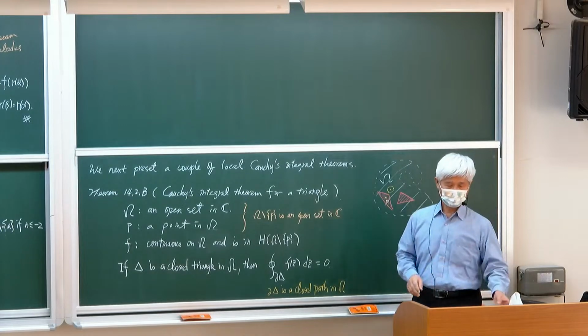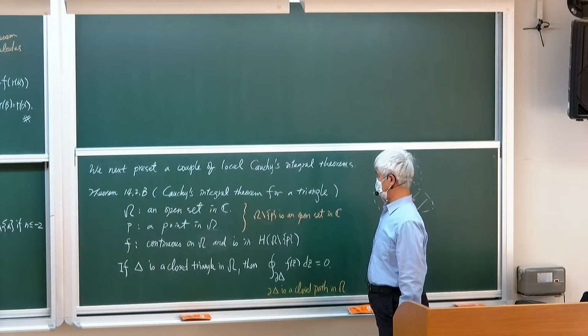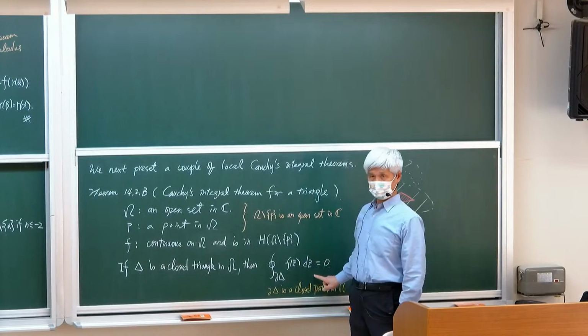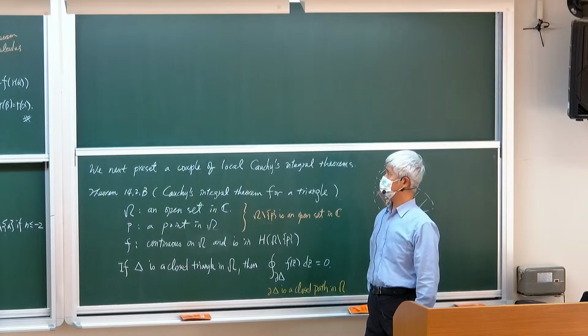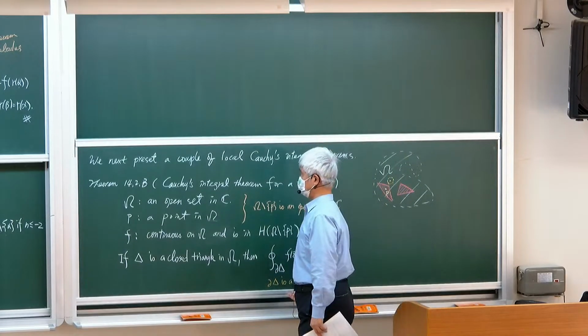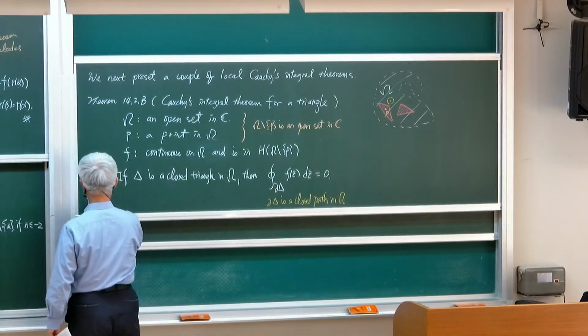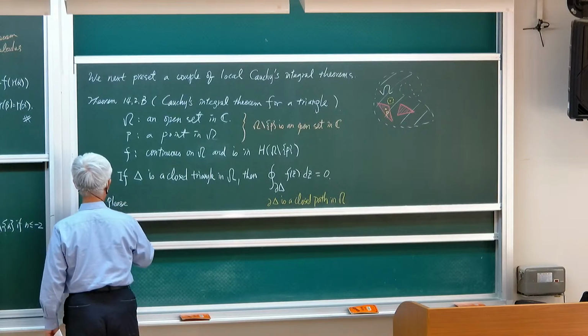So the statement of the theorem is here. The important thing is that this line integral is 0. And the proof is long, so I have written a proof for you.